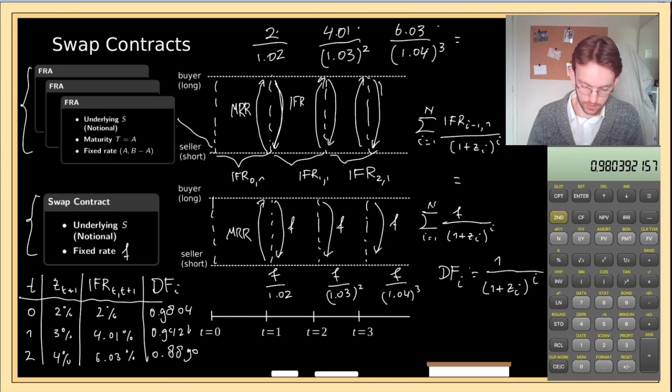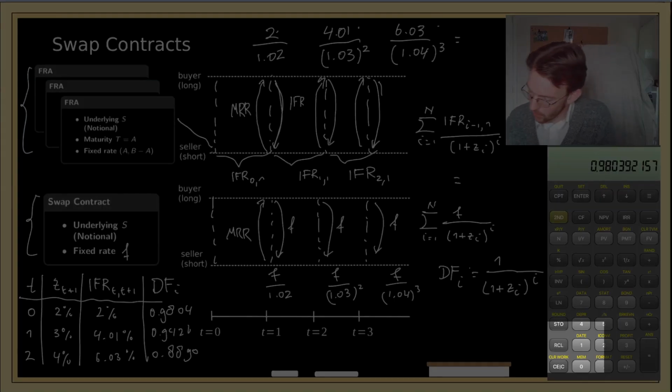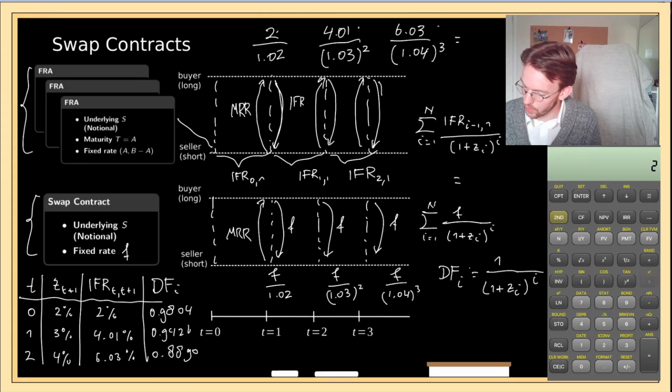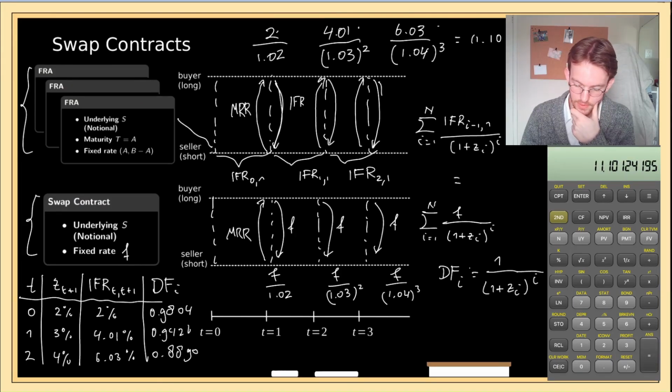And if you have stored the discount factors in your calculator, you can get the value from the variable by using the recall button. So I'll do 2 times recall 1 plus 4.01 times recall 2 plus 6.03 times recall 3.